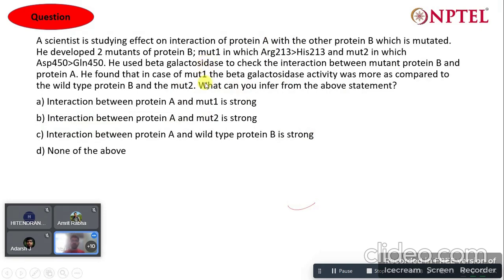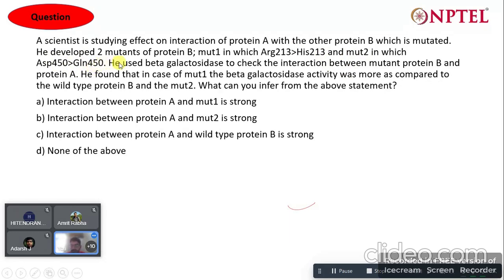So this is basically the analysis of the yeast two-hybrid assay. A scientist is studying the effect on interaction of protein A with the other protein B, which is mutated. So he developed two mutants of the protein B, that is mut1, in which arginine 213 is replaced with histidine 213, and mut2, in which aspartate 450 is mutated to glutamine 450.